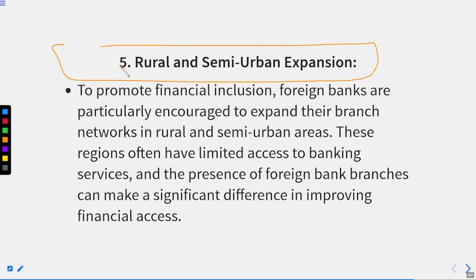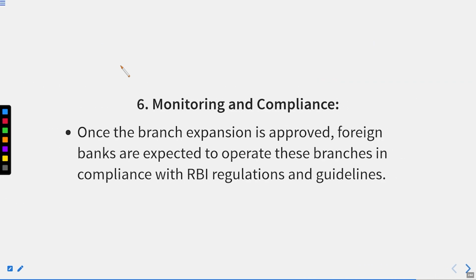These regions often have limited access to banking services. The presence of foreign bank branches can make a significant difference in improving financial access, as I have given you the example of 60 crores and 40 crores. All right. Thereafter comes monitoring and compliance.